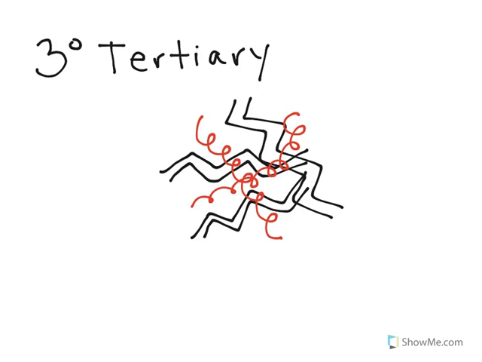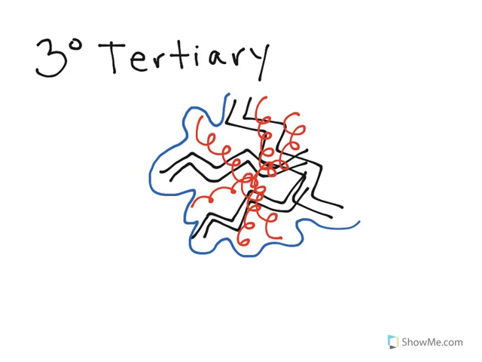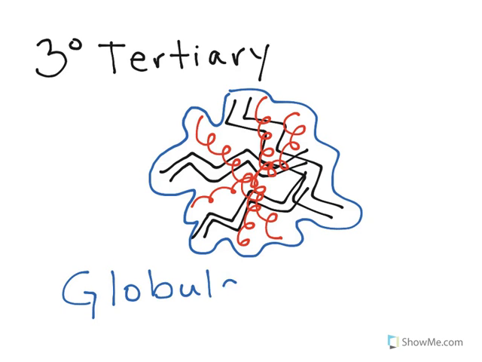In a tertiary protein structure, we see there are multiple alpha helices and beta sheets interacting all together. So this is a multiple polypeptide chain. It ends up looking like kind of a big glob, so we call this a globular protein.